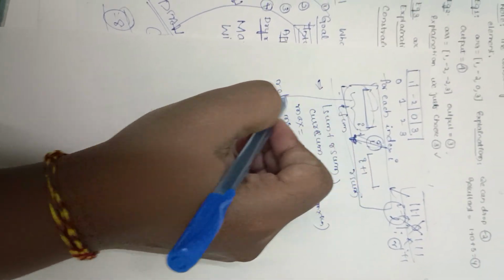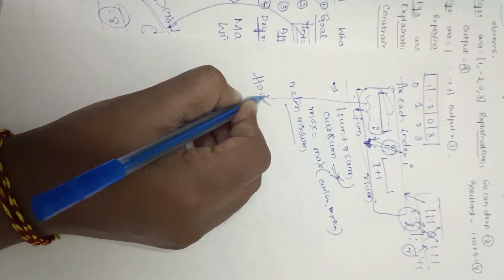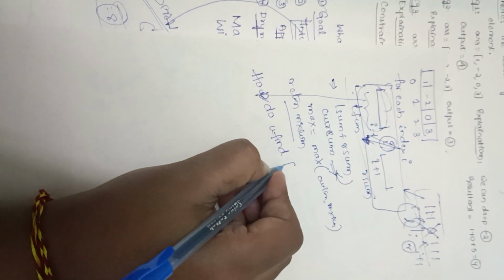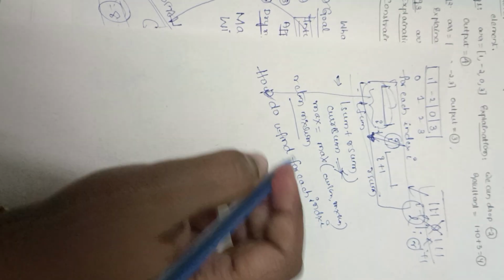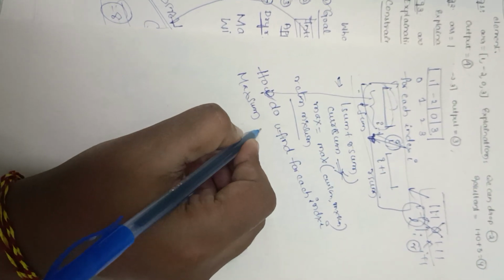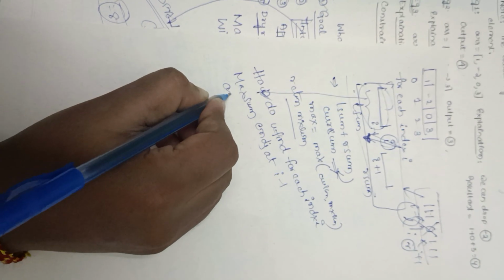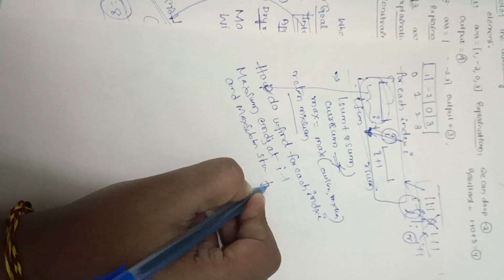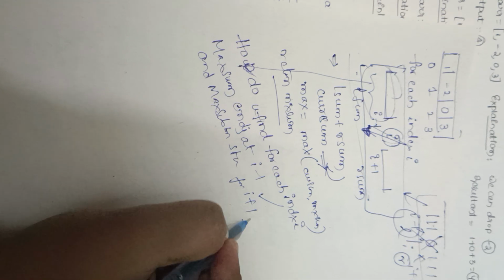For each index I, how do you find the max sum ending at I-1 and the max subarray sum starting from I+1? This is the main thing here.